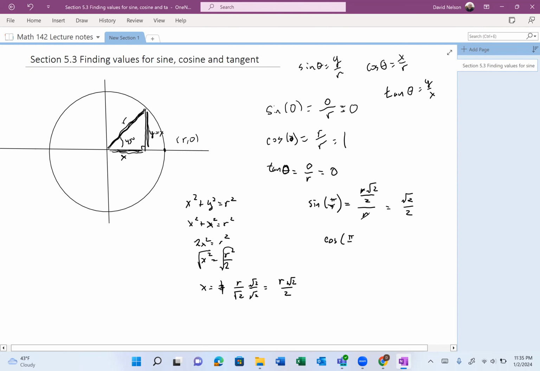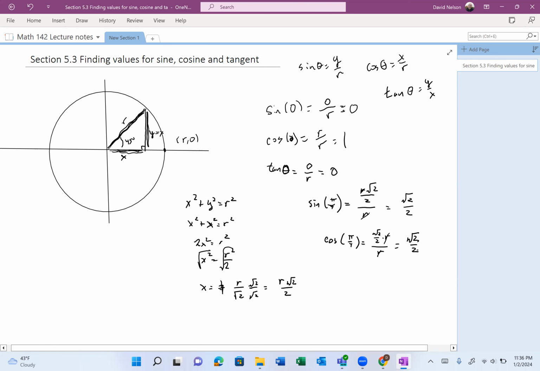Similarly, the cosine of pi over 4, it's going to be the x-coordinate, which is root 2 over 2 times r, divided by r again, divided by the radius. And the r's cancel out, and so we get square root 2 over 2.